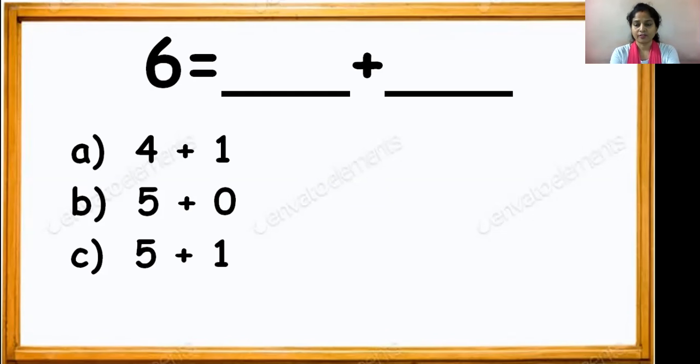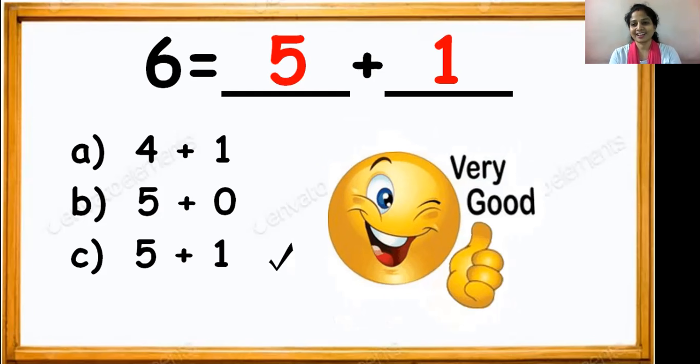It's 5 plus 1. If you have 5, you are adding 1. What will we get? We will get the next number, and the next number is 6. Wow. It means we got our answer, 5 plus 1. And here we go. Yippee, very good.